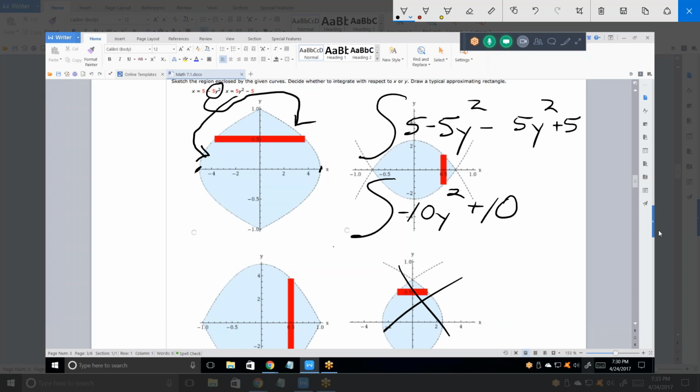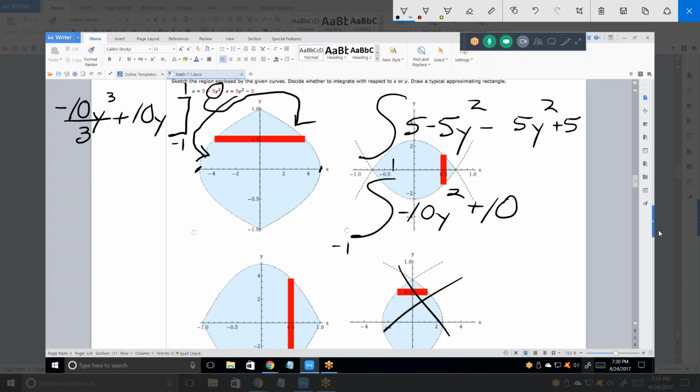Oh, so negative 1 to 1. Now, over here on the left, give me the antiderivatives of this. So it's negative 10y cubed over 3 plus 10y, evaluated from negative 1 to 1.